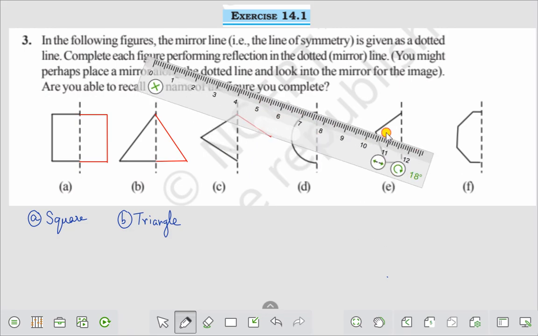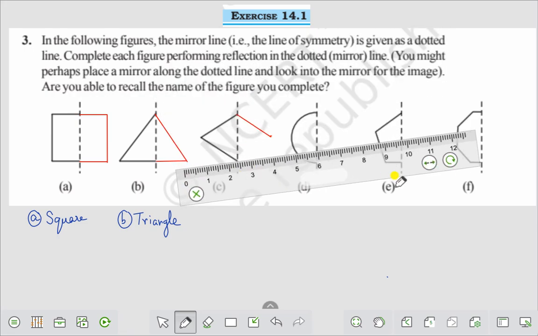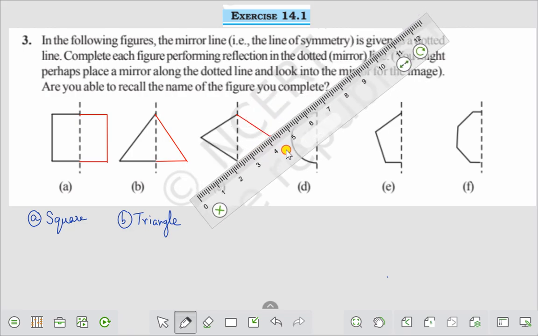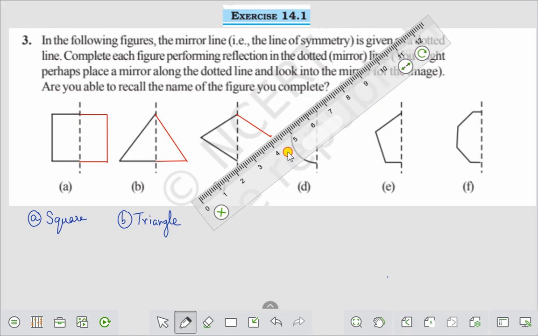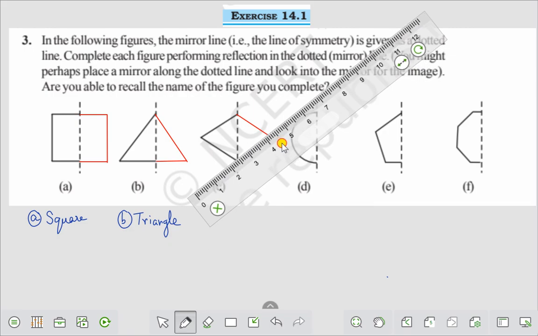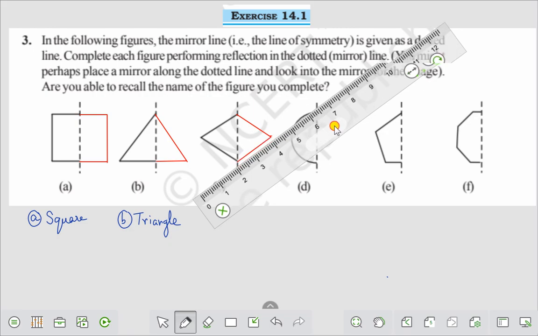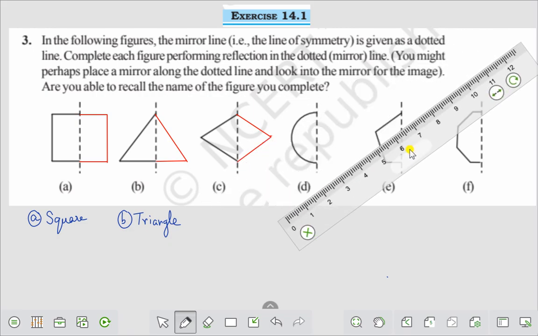And also draw this line also. And that is also known as a square. All the sides are same, and this is a rhombus. C is rhombus.